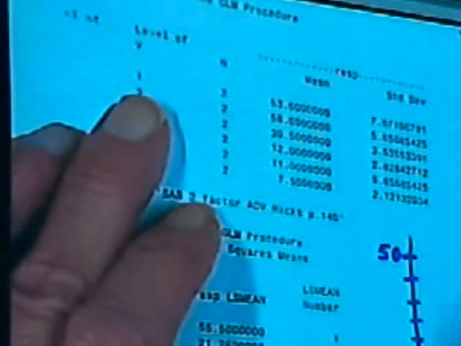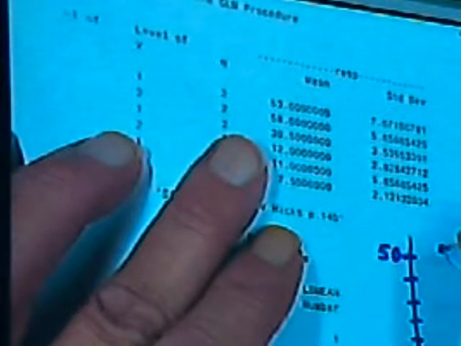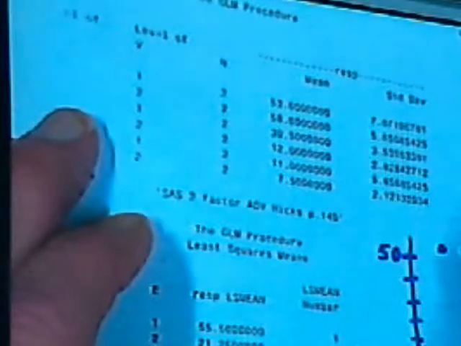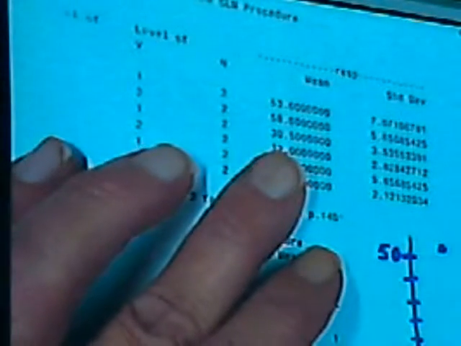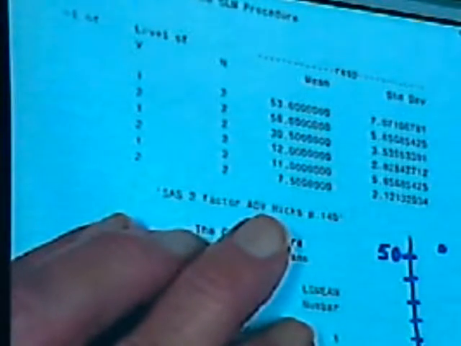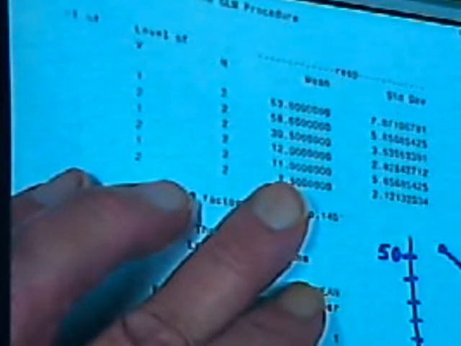So when E is 1 and V is 1, I'm at 53. Now when E is 2 and V is 1, I'm at 30.5. And then when E is 3 and V is 1, I'm at 11. So let me plot those points and label that V equals 1.